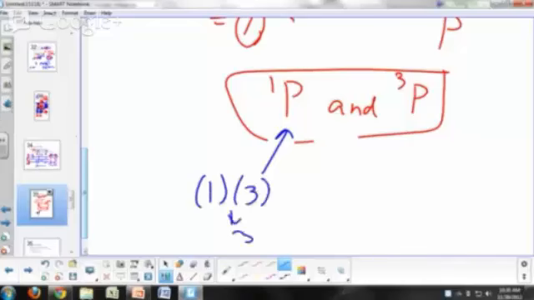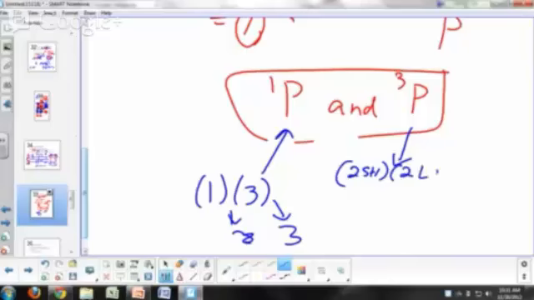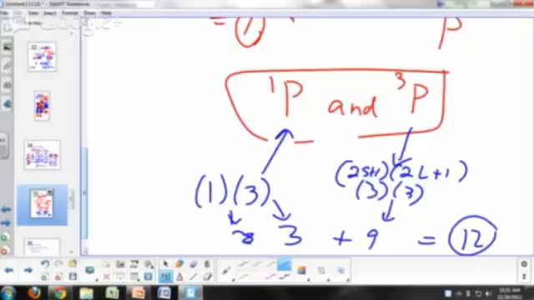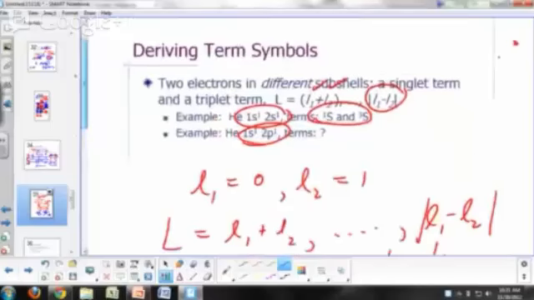That's 3. How many functions are associated with a triplet P? 2S plus 1 times 2L plus 1, 3 times 3, that's 9. 3 plus 9, a total of 12 functions. That means for that configuration, you should have been able to write 12 Slater determinants. What are those 12 Slater determinants?